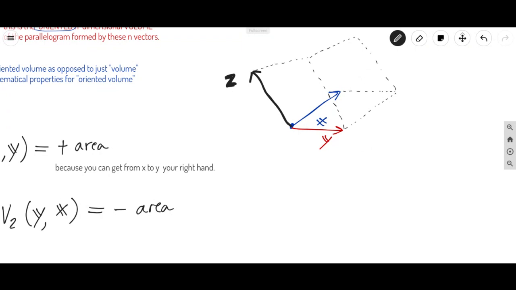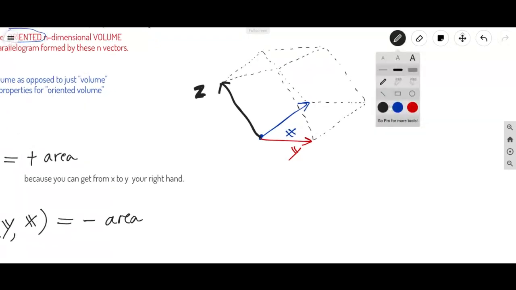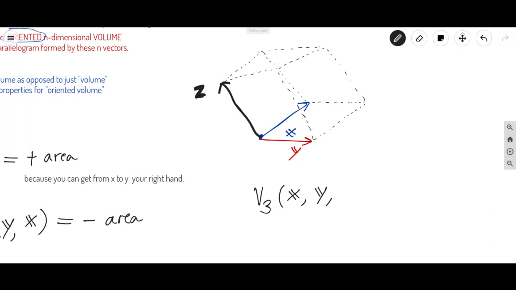Maybe this somewhat makes sense. But that's your parallelogram solid that your 3 vectors determine. So that's your solid. So when you calculate the oriented volume, in this case V3, so we're in 3 dimensions, that's why we write V3. And let's suppose we do it in the order where x goes first, y goes second, and z goes third.